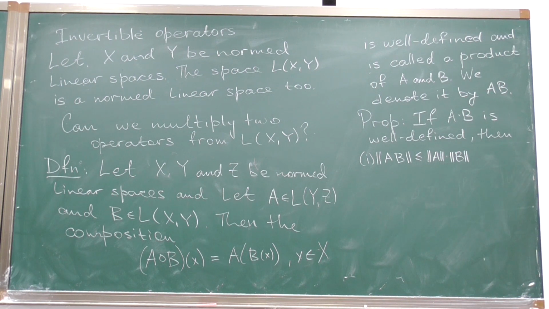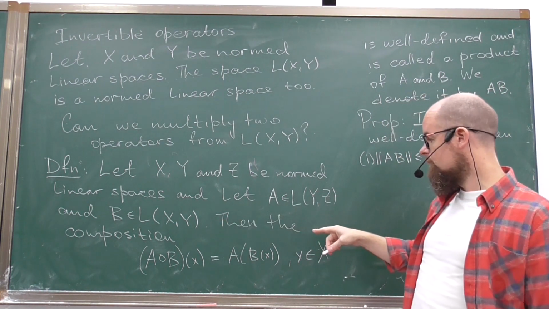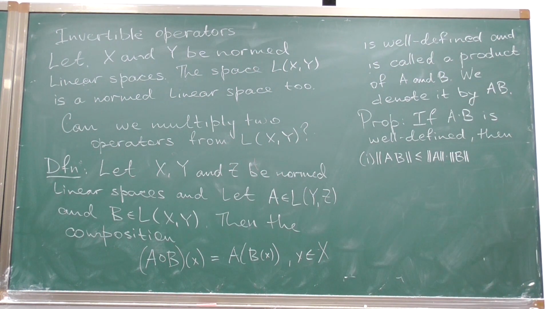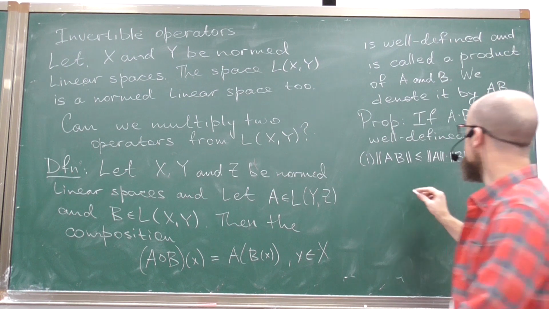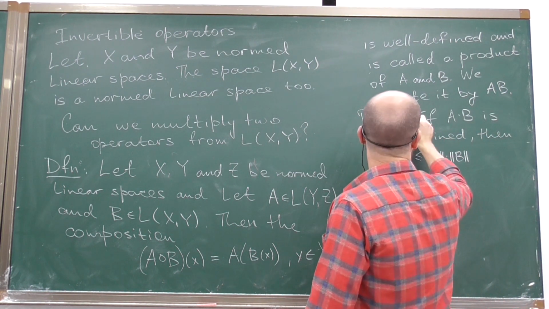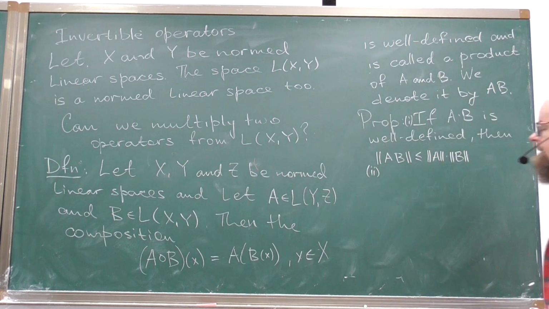As we have just discussed, for the product to be well defined, we need some kind of agreement between the domains and codomains of these two operators. This can be easily avoided if we consider the operators on the same space. So that will be one, and this will be the second point.